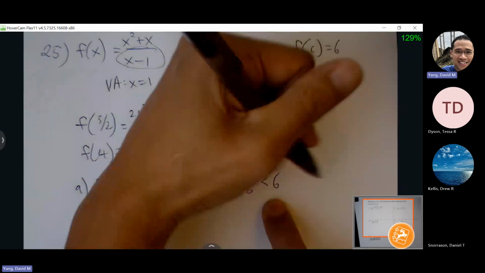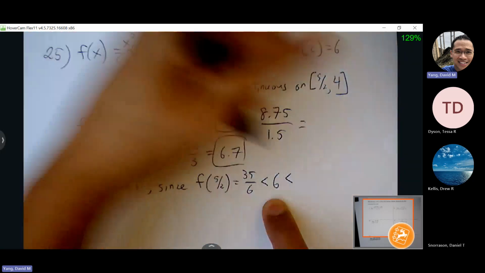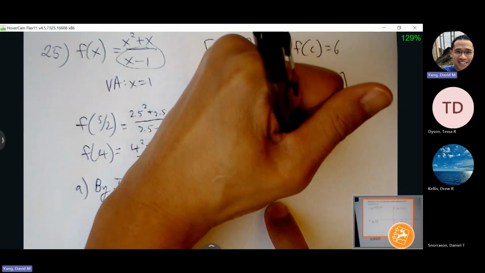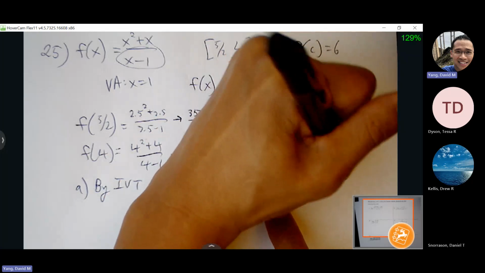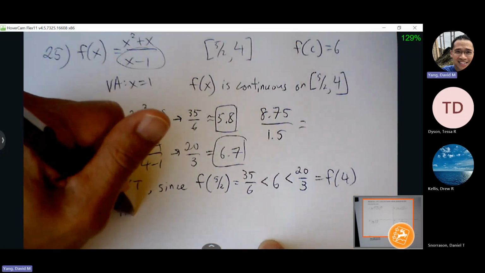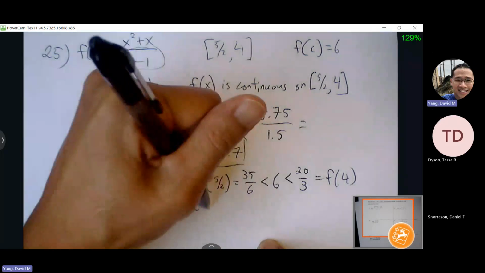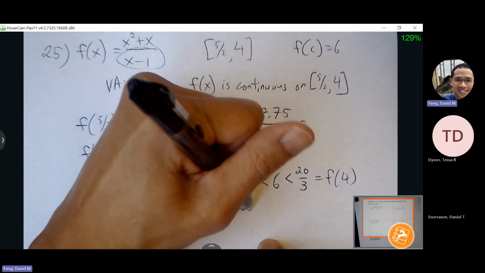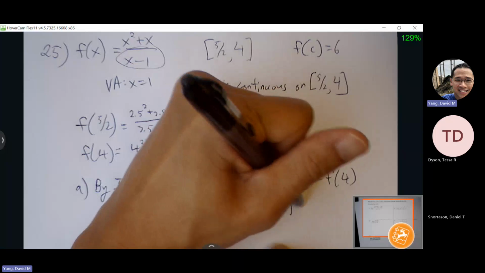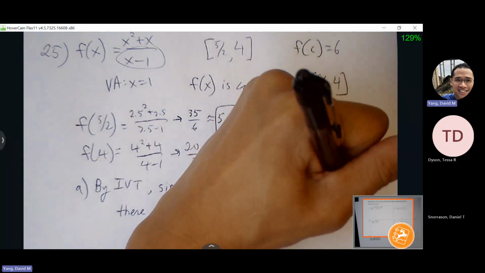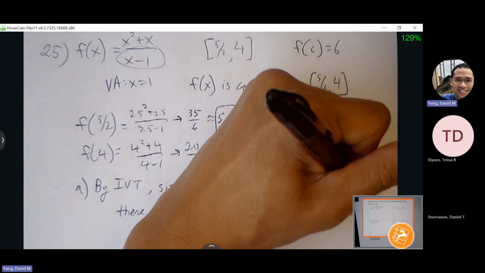And that target y value 6 is clearly below my other endpoint value, which is 20/3, coming from f of 4. There must be a c value where our target y value is equal to 6, somewhere on the interval from 2.5 to 4.